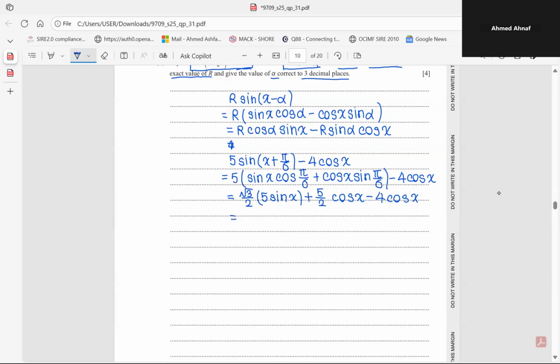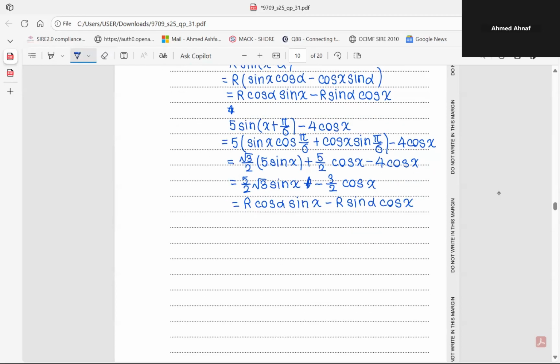So simplifying all this, we would have 5 over 2 square root 3 sine x plus 5 over 2 minus 4, minus 3 over 2 cosine x. And we are going to equate that with this equation that we have here, r cosine alpha sine x minus r sine alpha cosine x.